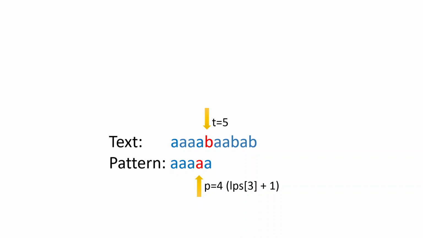But because the LPS value is 3, that means we have 3 A's in the prefix also in this pattern, right? So if you see, we have 3 A's as prefix and we have 3 A's as suffix. So the pattern size is 4 basically, right?